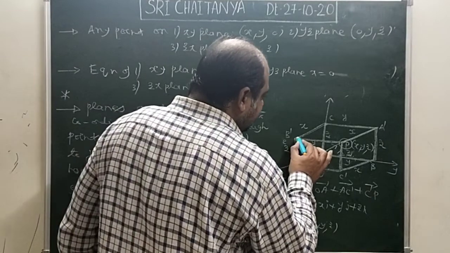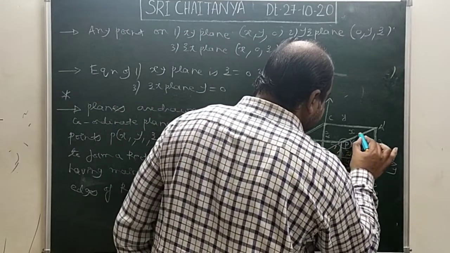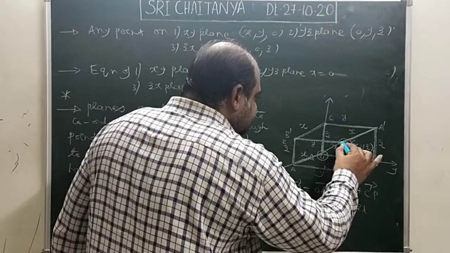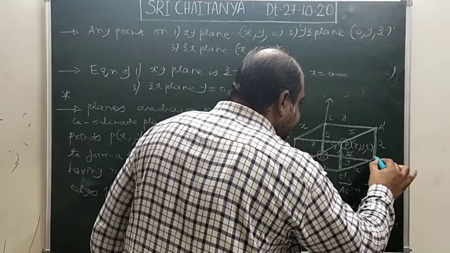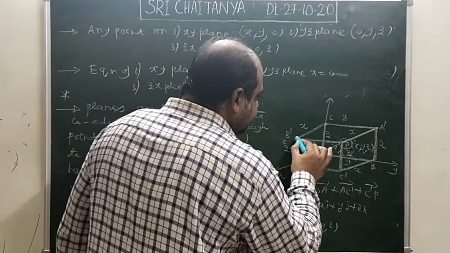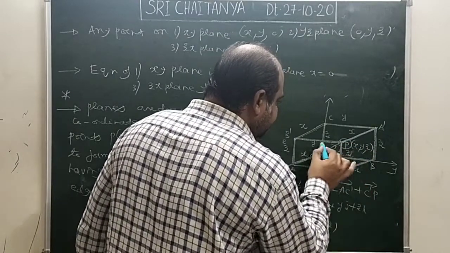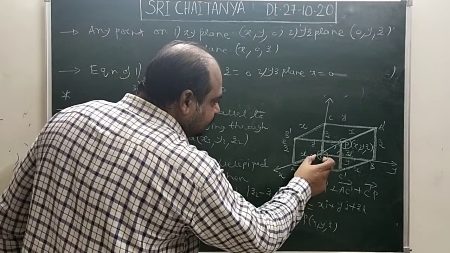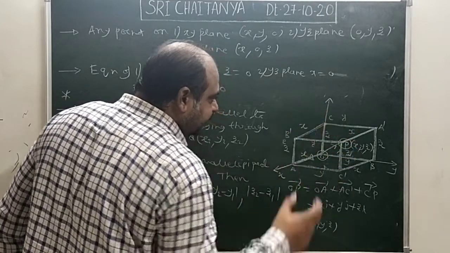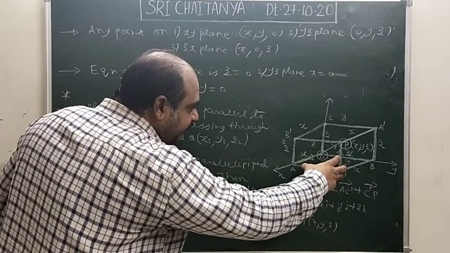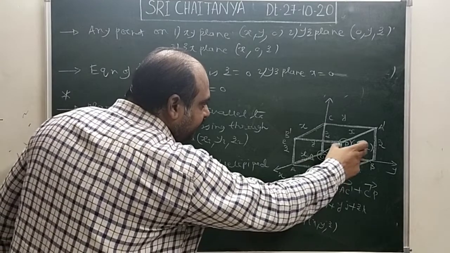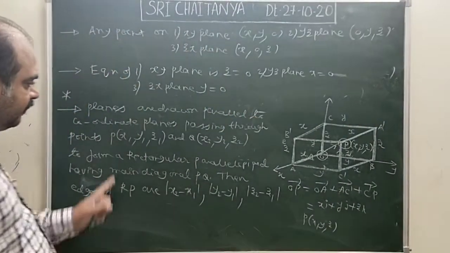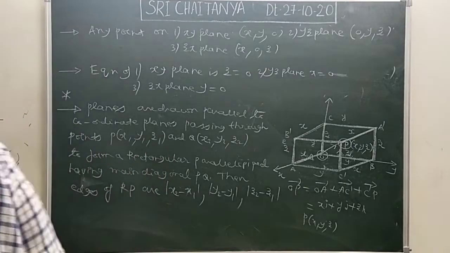Then the other three faces: this face will pass through P, this face will pass through P, and this face will pass through P. That means three of its faces are passing through the origin and three of its faces are passing through P. This is the parallelepiped in which the faces are the xy plane, yz plane, zx plane, and the faces pass through O and P.